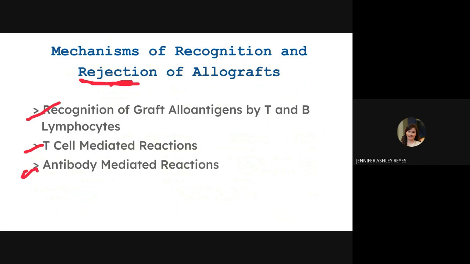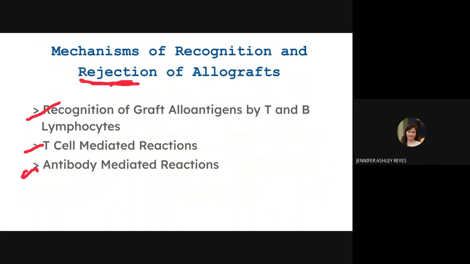So in recognition of graft alloantigens by our T and B lymphocytes, the major antigenic differences between a donor and a recipient will result in the rejection of transplants that are having major differences in HLA alleles.